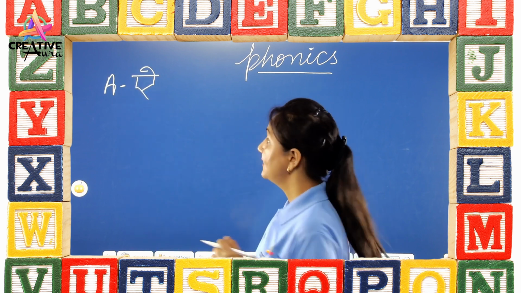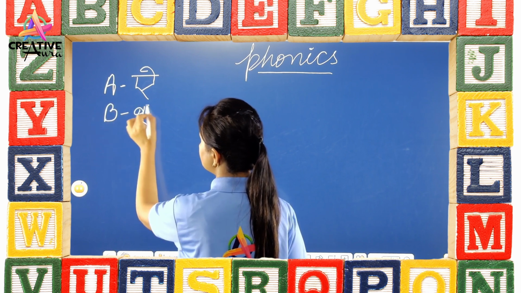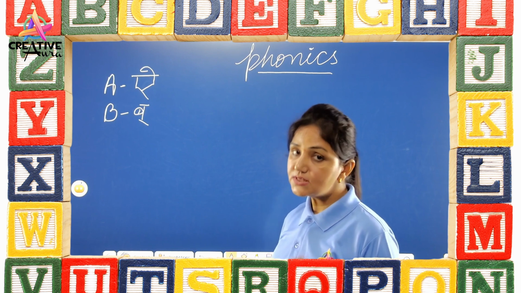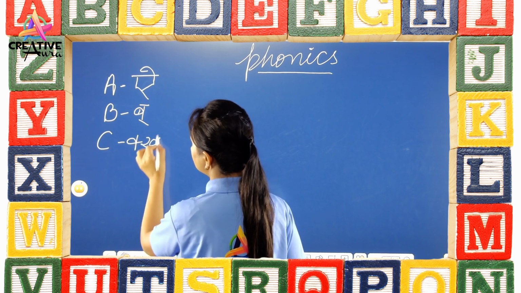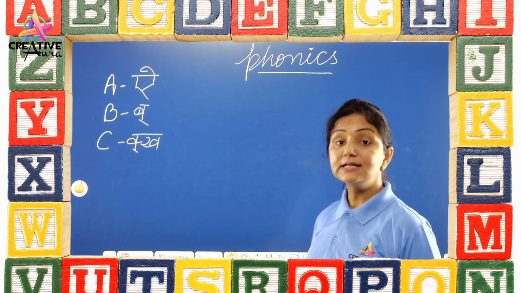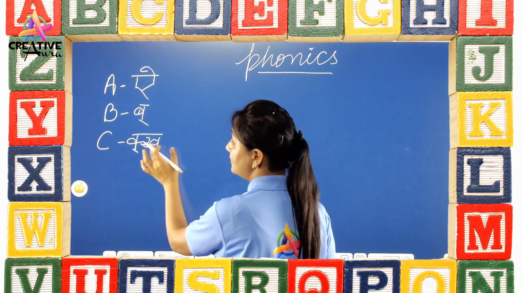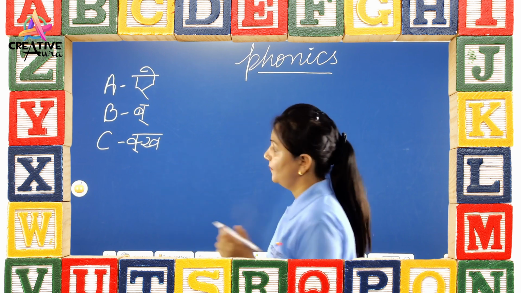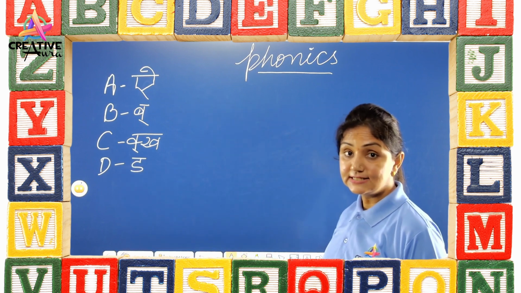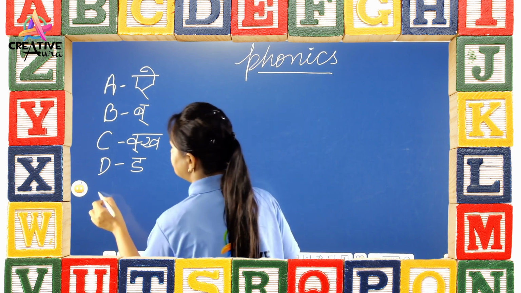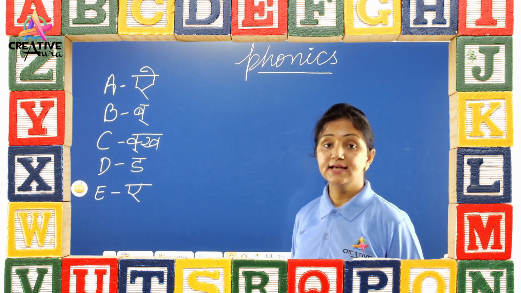A sounds A. B sounds B. C sounds K. C sounds K. Yes, the joint connection of K and K. D sounds D. E sounds A. E sounds A.